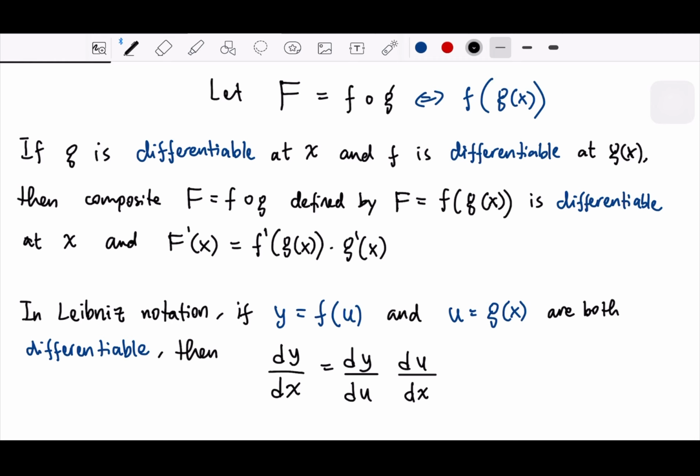This is just an illustration. If you have a function inside a function, you can make up the function y, and then you have another dummy variable u, and then you want to connect this y with the x. x is the independent variable, and usually we differentiate with respect to x, right?